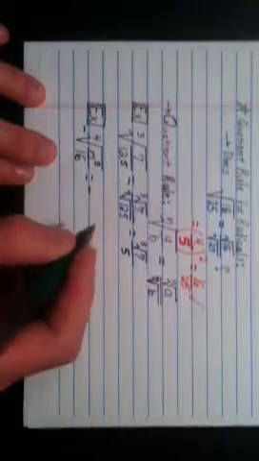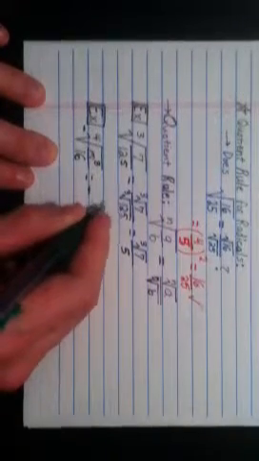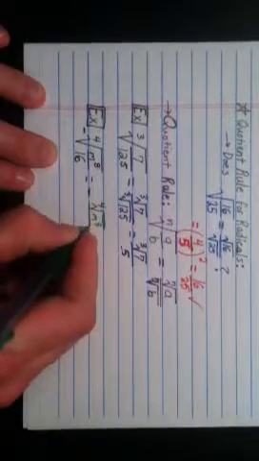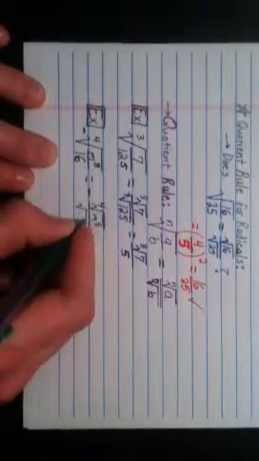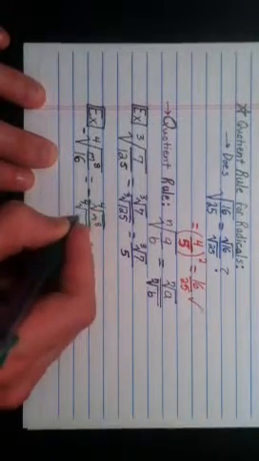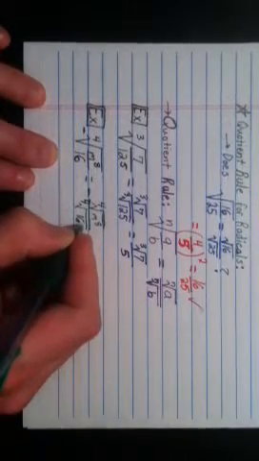The negative will still be out front, but we want to take the fourth root of m to the 8th power over the fourth root of 16. Now m to the 8th power, can we fourth root that?